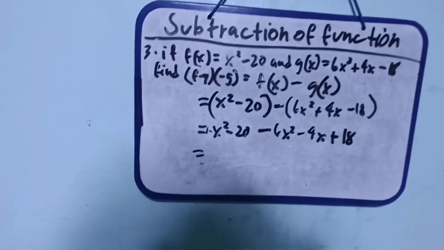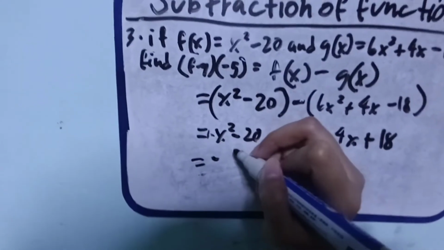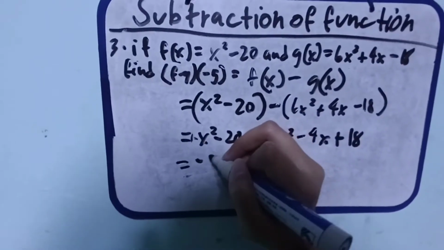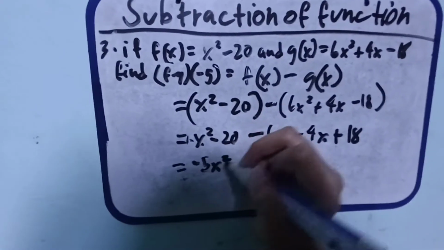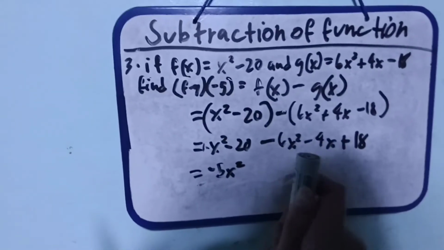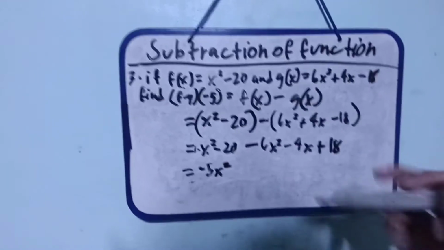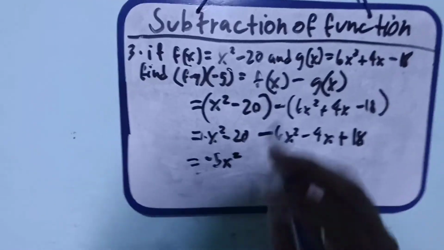That would be negative 5x squared. Kasi, magkaiba ng sign, which is nag-subtract tayo, and kinapin natin yung sign na mas may bigger value, which is 6x squared.